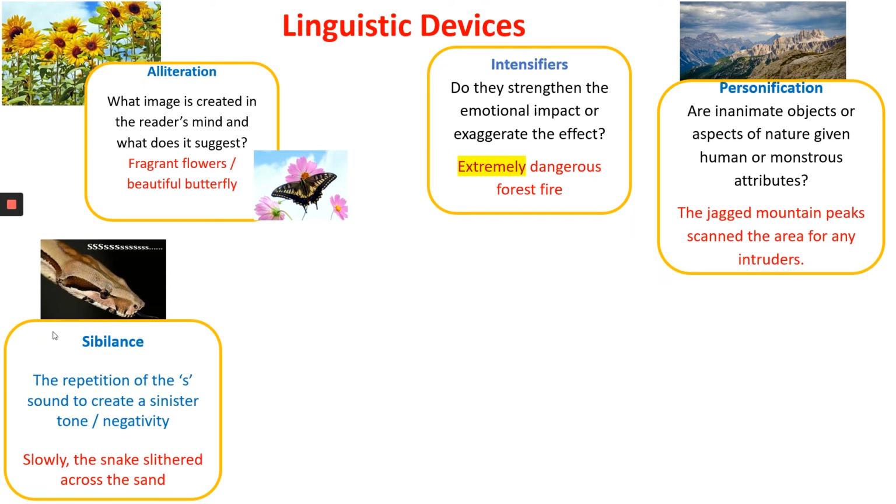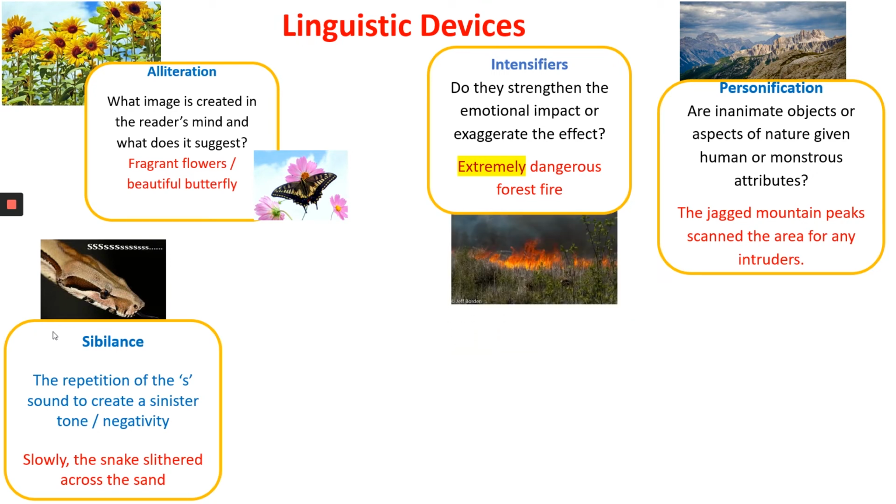It does have the hyperbolic effect of exaggeration, and it definitely enhances and emphasizes the effect of what the writer is saying. So here, extremely dangerous forest fires fringed the whole coastline.